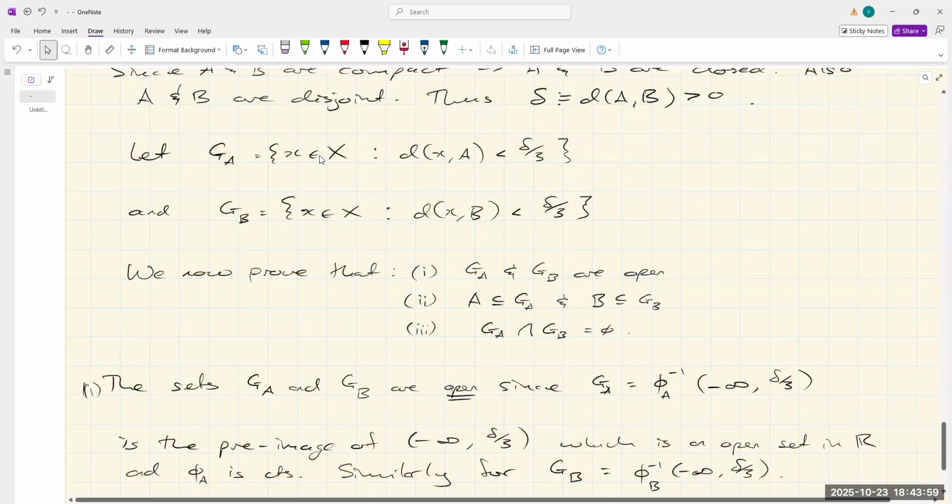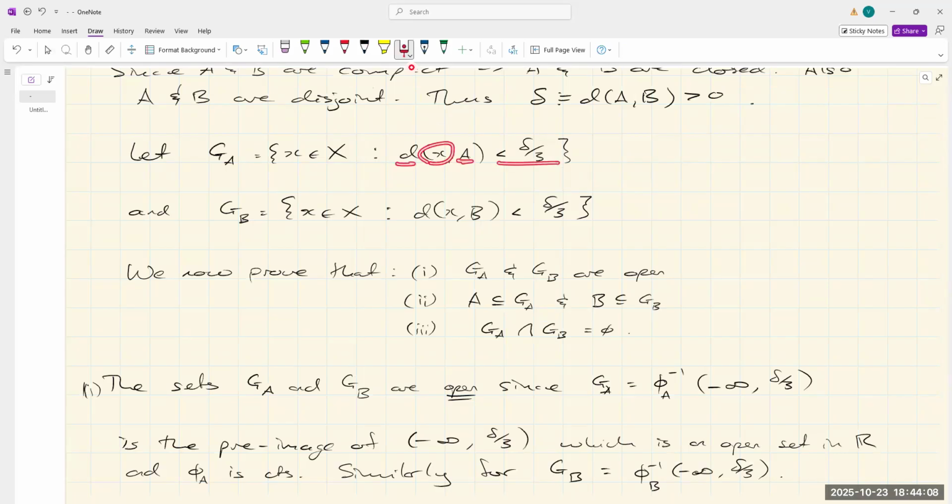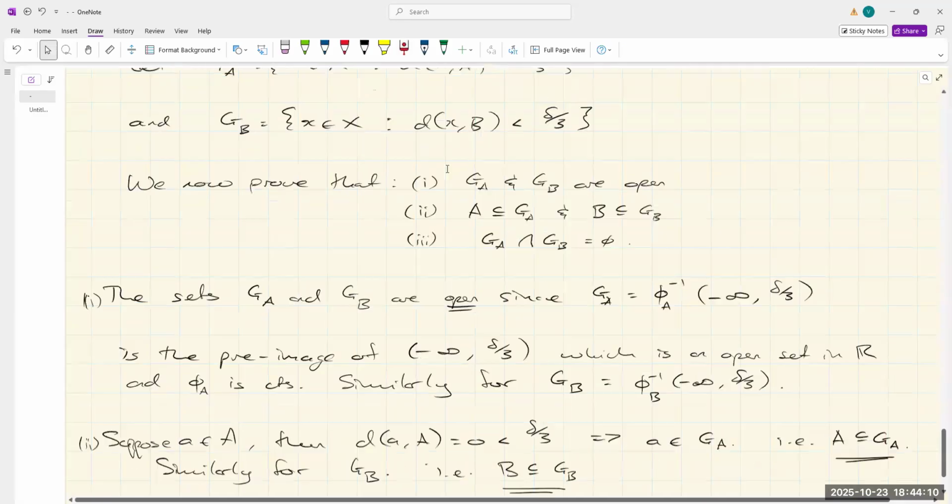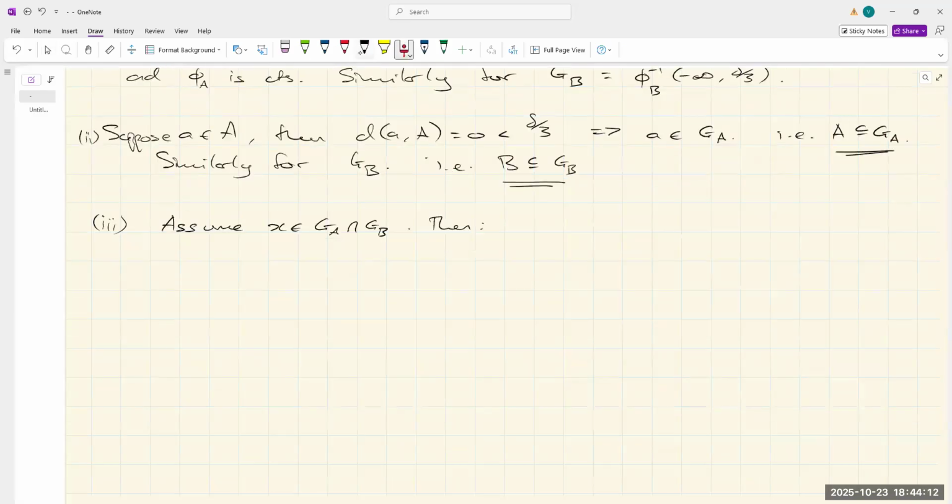Any point in GA has distance between that point and A less than delta over 3. So if x is in GA, then the distance between x and A must be less than delta over 3.